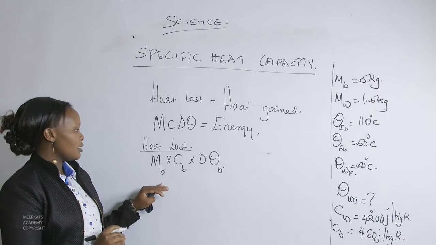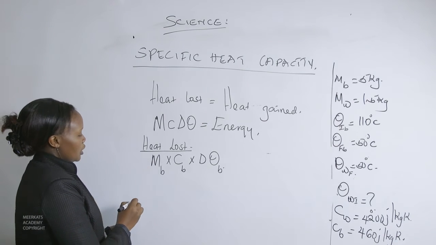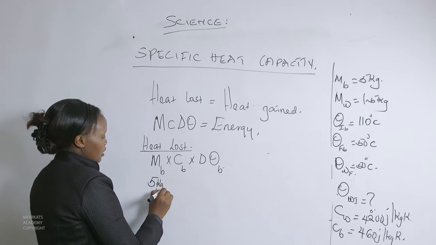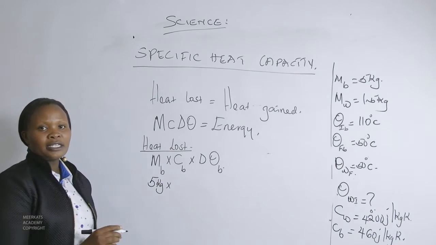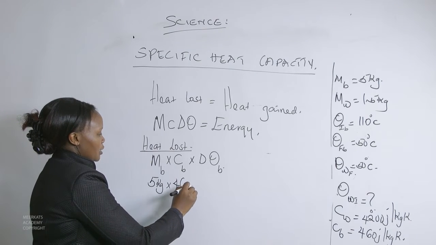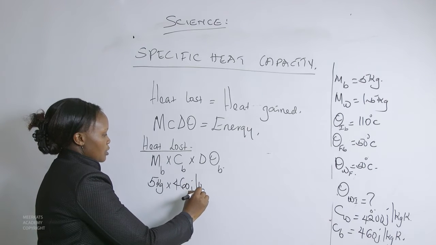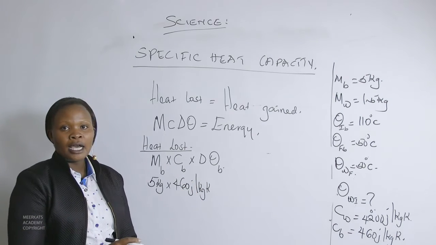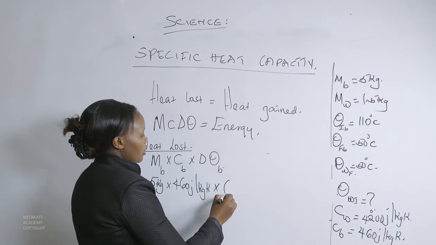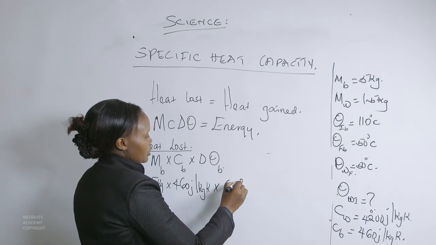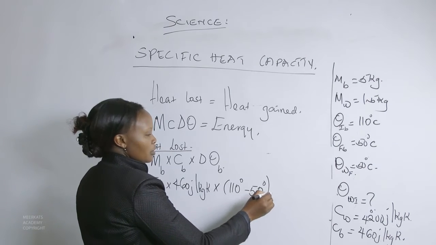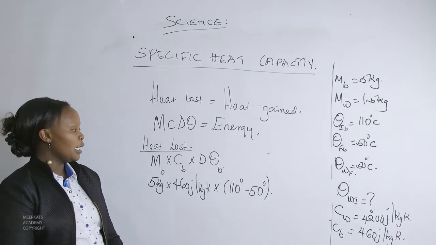Now, let us substitute. Mass is given as 5 kgs. Specific heat capacity is 460 joules per kilogram Kelvin. And the change of temperature will be given by 110 degrees, from which we subtract the final temperature, which is 50 degrees.